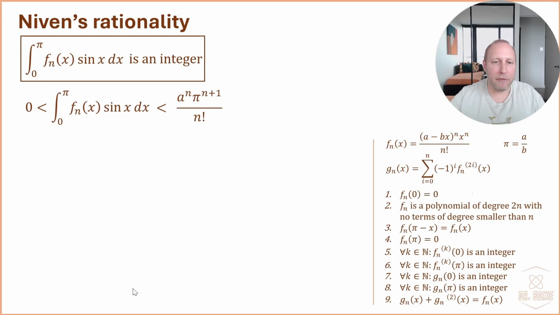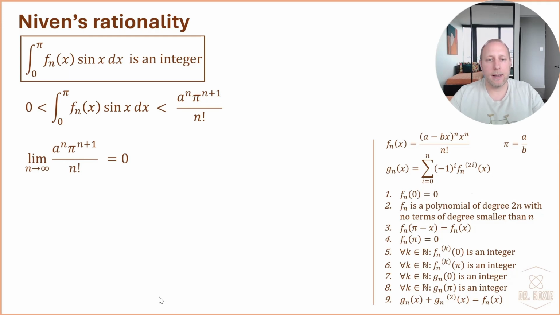Now notice everything we've done until now was true for any n. But what can we say about this expression? Well, as n grows larger and larger, this expression goes to 0. The reason for that is that a factorial grows quicker than an exponential or a polynomial.